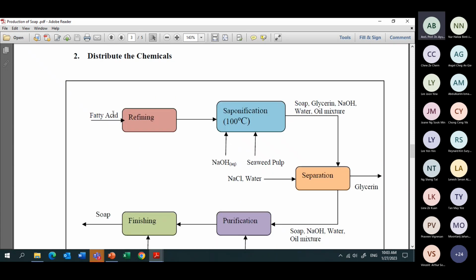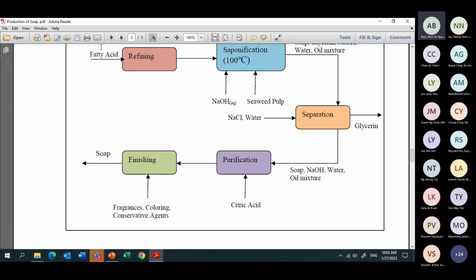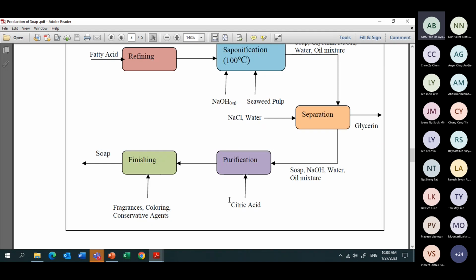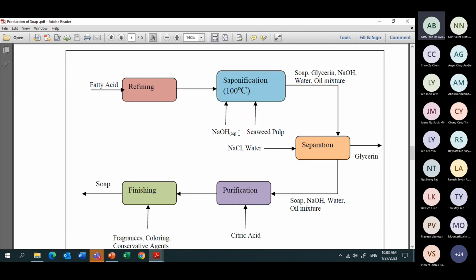Okay, you should identify your raw materials, input and output. So your input over here should be fatty acid plus the caprylic acid. Output will be your glycerin and soap. Okay, this one is considered as input as well, purification, because you supply citric acid, this one as well, sodium hydroxide.